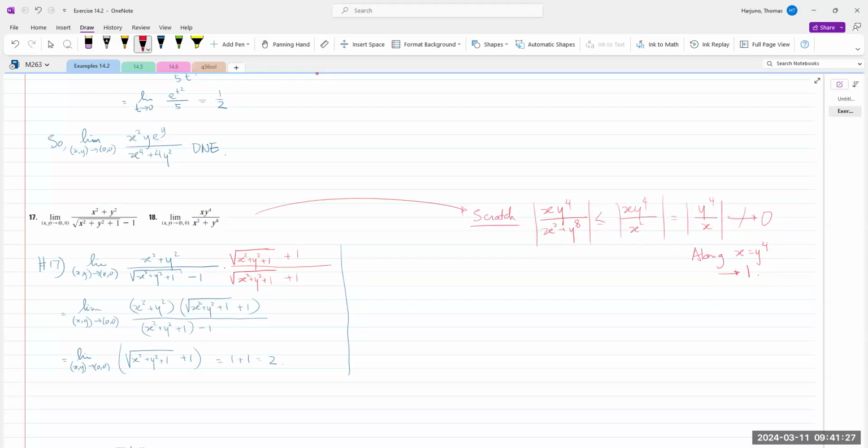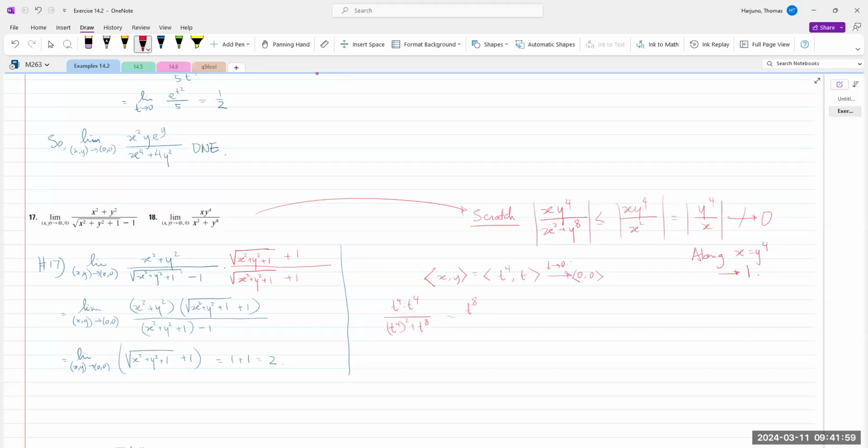So let's parameterize that. If y is t, then x will be t to the fourth. Now notice that this converges to (0, 0) as t goes to 0. I still need to test this though. t to the fourth times t to the fourth over t to the fourth squared plus t to the eighth.